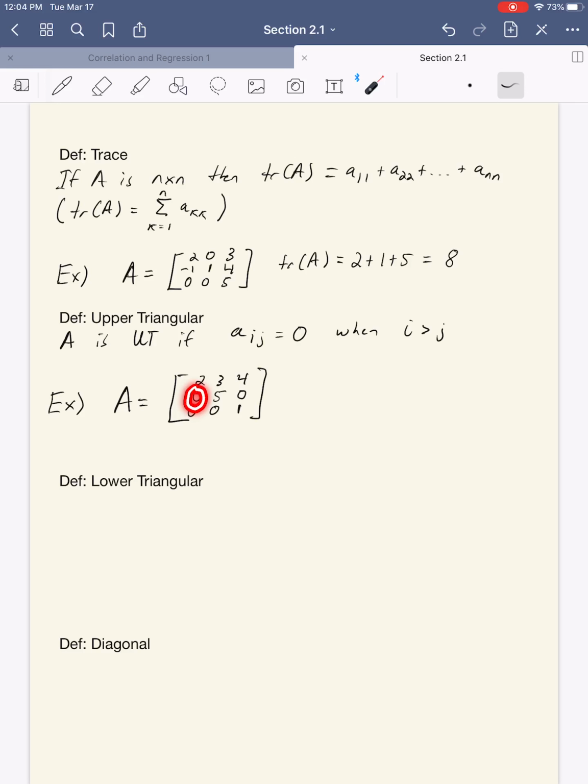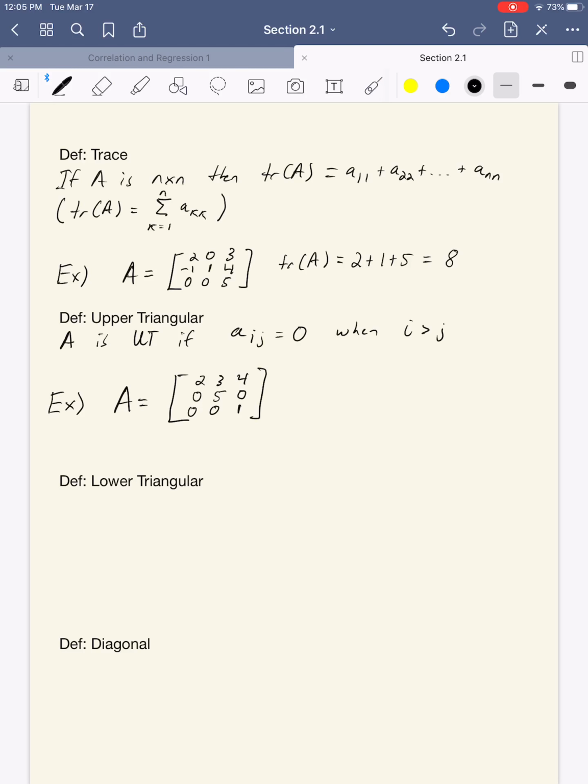This guy right here, that would be 2, 1, and it's 0. This would be 3, 1, and it's 0. And this guy, which would be 3, 2, is also 0, right? That's what this definition is actually saying. Those values that are on the diagonal can be anything, and the things above the diagonal can be anything as well. The only consideration for an upper triangular matrix is that anything below the diagonal must be 0.